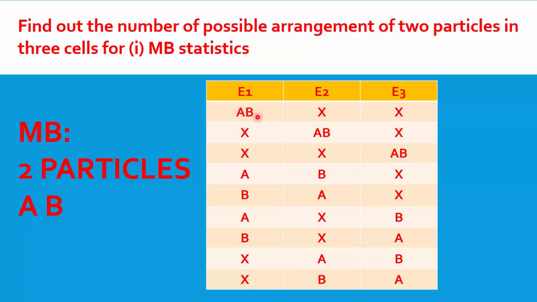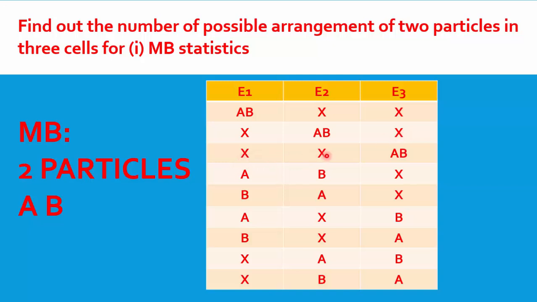In the first case, I can make the two particles A and B sit in energy level E1 or cell E1. The other two cells remain vacant. So this cross sign means that there is no particle. In the second case, energy level E2 or cell E2 is filled with two particles A and B, E1 and E3 are left behind.